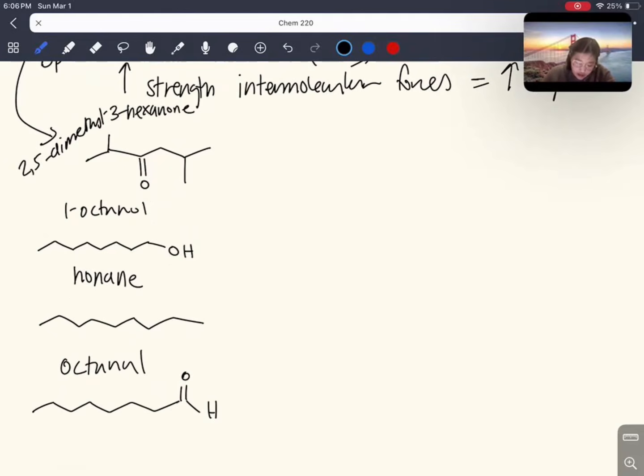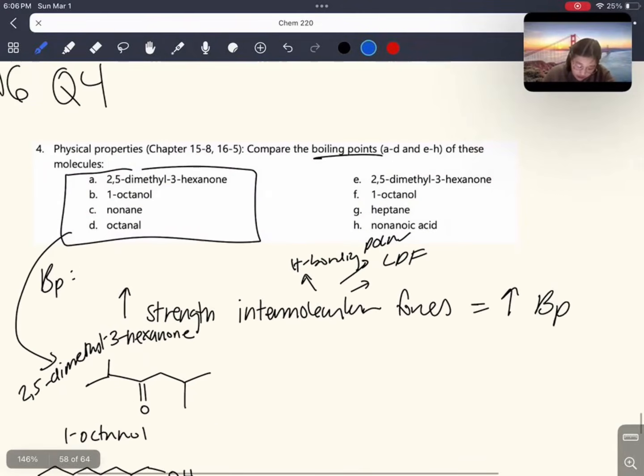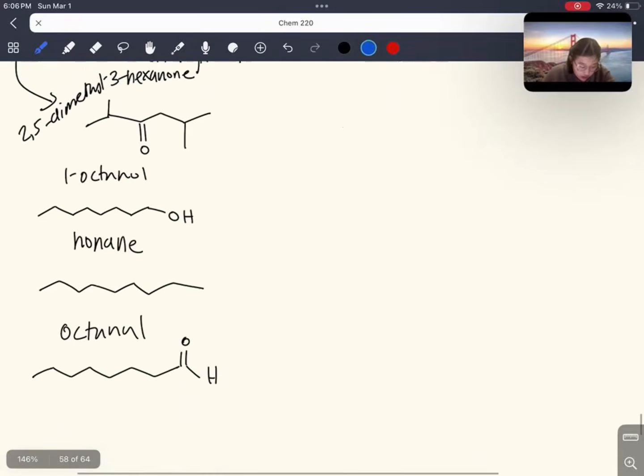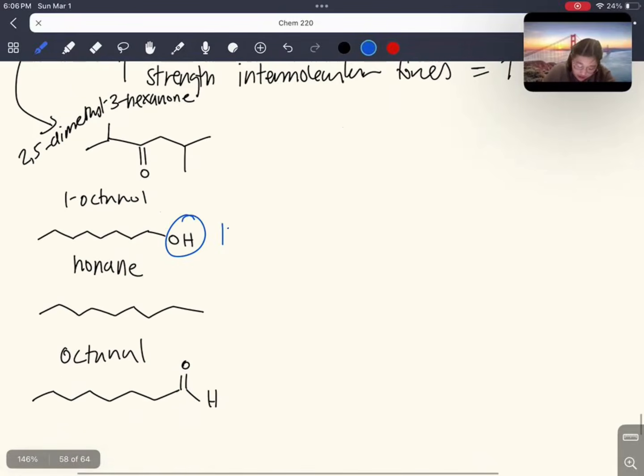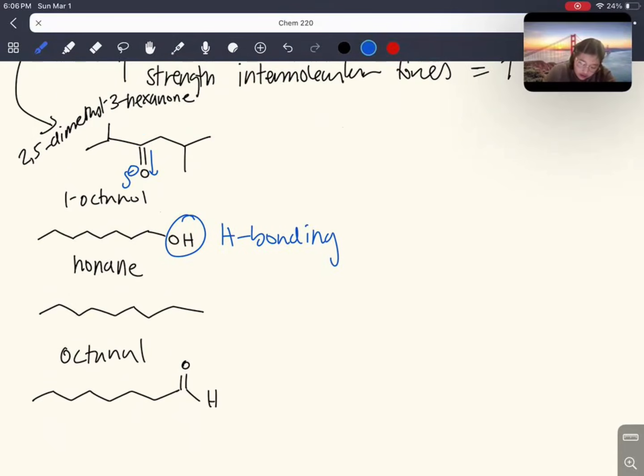So this has octanol. Octanol has an OH group, so this has H bonding, right? And then this molecule is slightly polar.